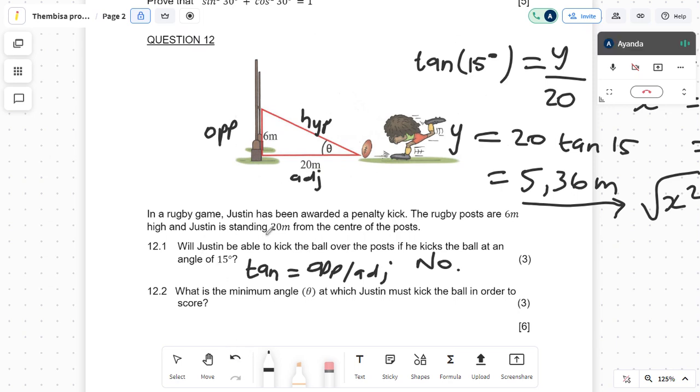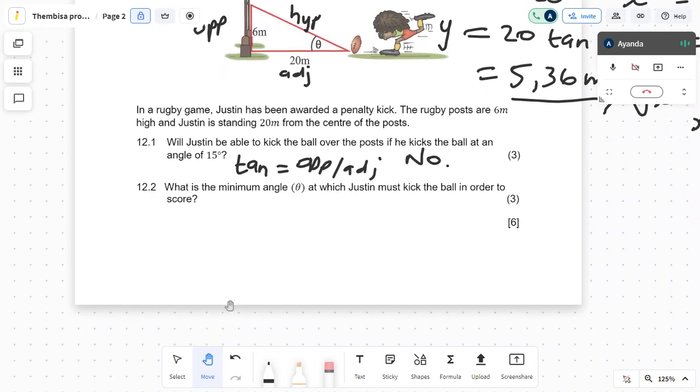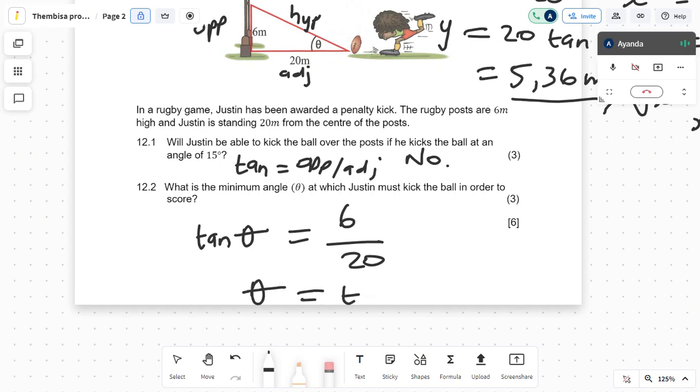What is the minimum angle at which Justin must kick in order to score? Right. So now we need to find theta. So tan of theta is equal to the values that we have, 6 over 20. Rearrange this, or we take tan inverse of 6 over 20.